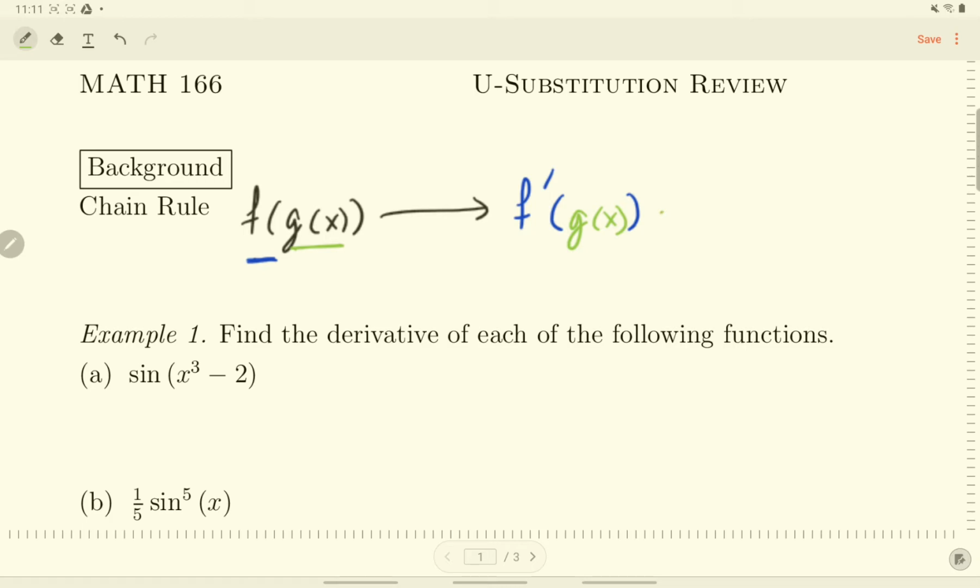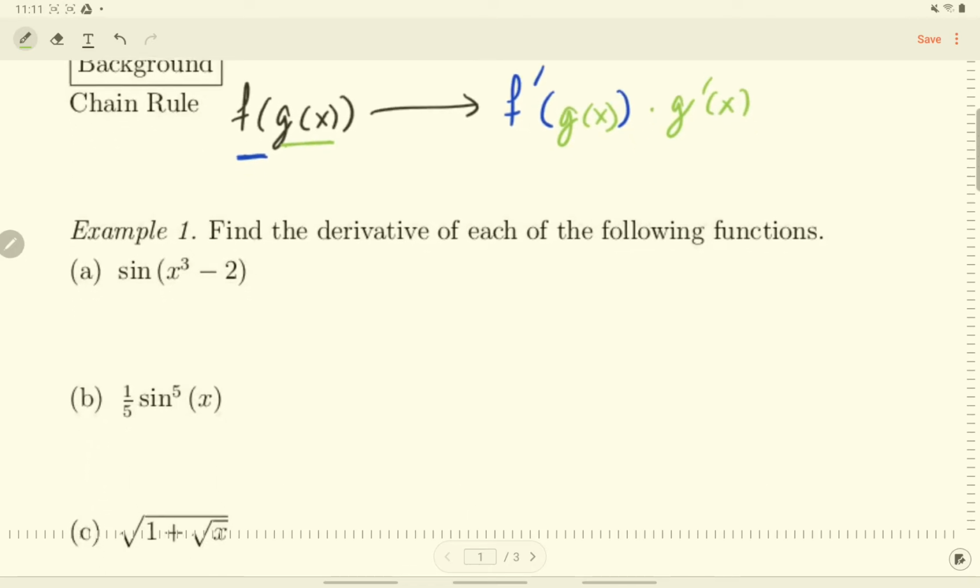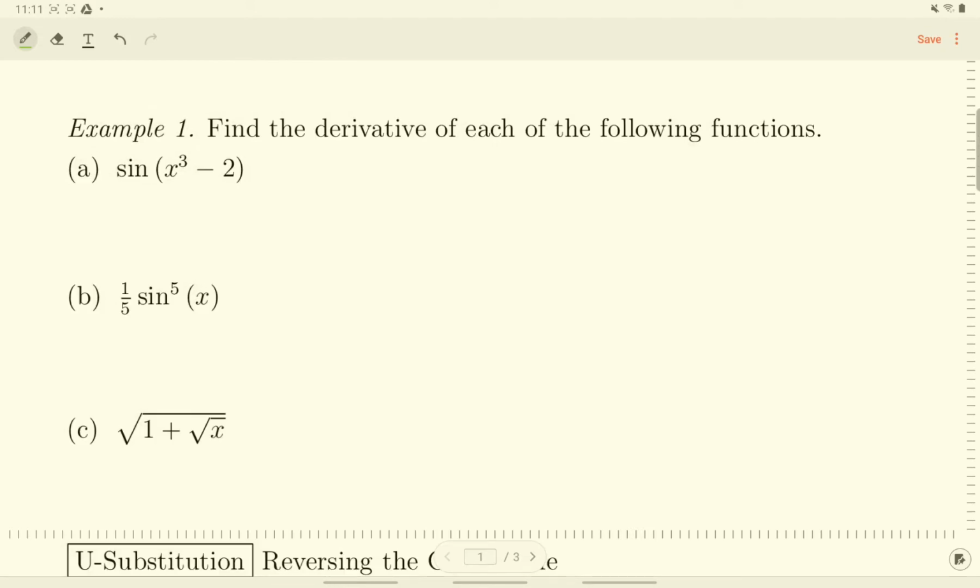Then at the end of that, you multiply by the derivative of the inside function. So that's what the chain rule says. Let's do 3 quick examples to remember how that works, and then we can remind ourselves about substitution.